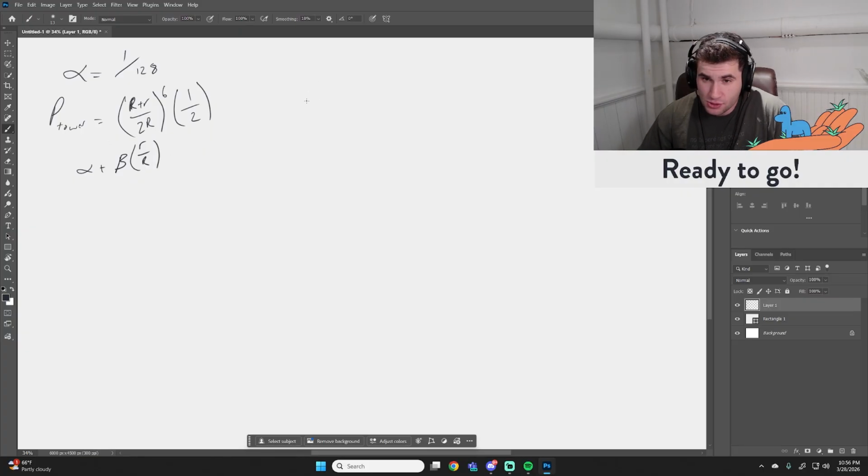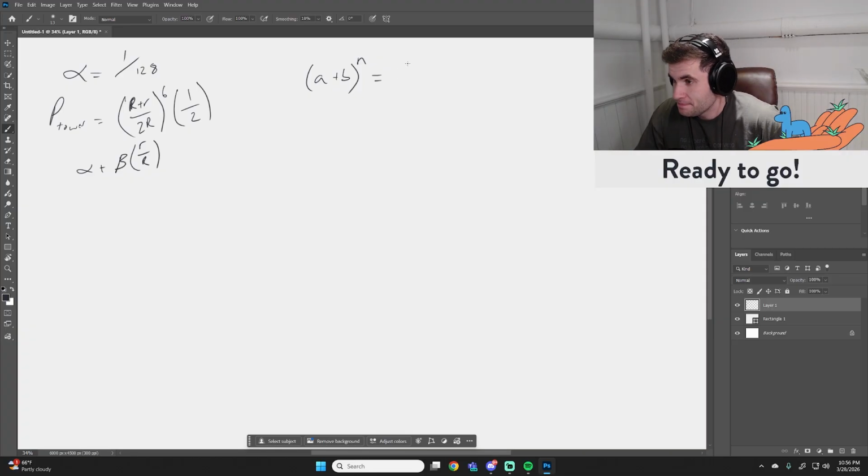So this is high school algebra. I haven't done it in a long time. But a binomial expansion is taking a binomial in the form of a plus b to the n and expanding it as such.